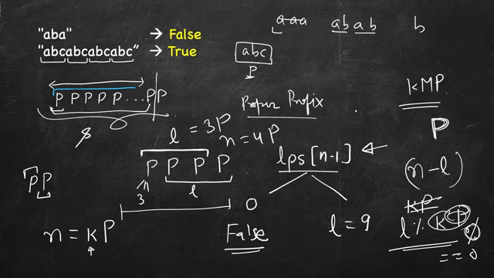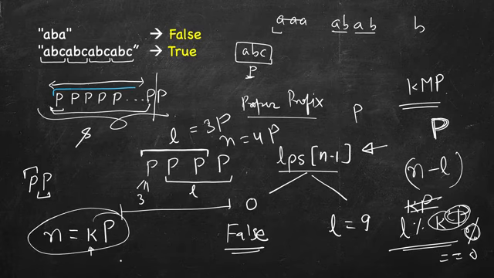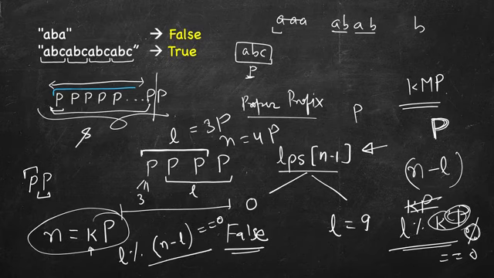So n minus L will be P. And L modulo n minus L should be 0. So if this is valid, then you will return true. So let's write the code for this, and again, in order to understand the code for this LPS, look at the KMP video.